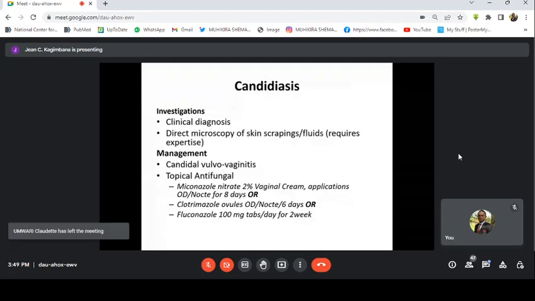We have miconazole nitrate 2%, a vaginal cream applied for several days, and stop sexual intercourse, of course. We have what we call clotrimazole ovule, or you can take fluconazole 100 milligram capsules or tabs for 2 weeks. Antifungal treatment just cleans this microorganism, that is a yeast infection.